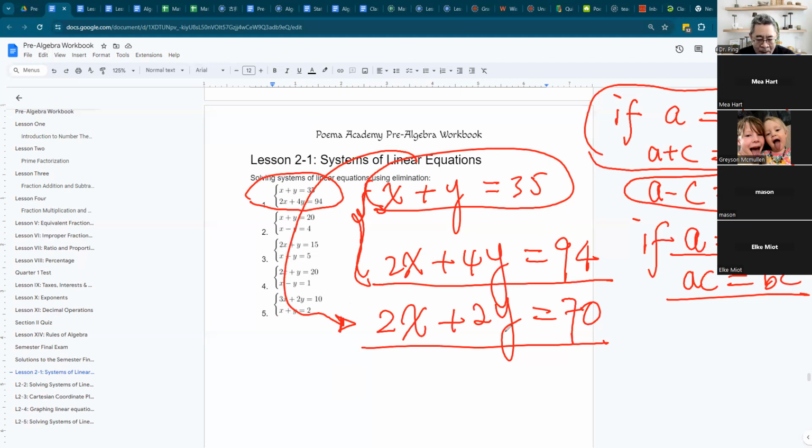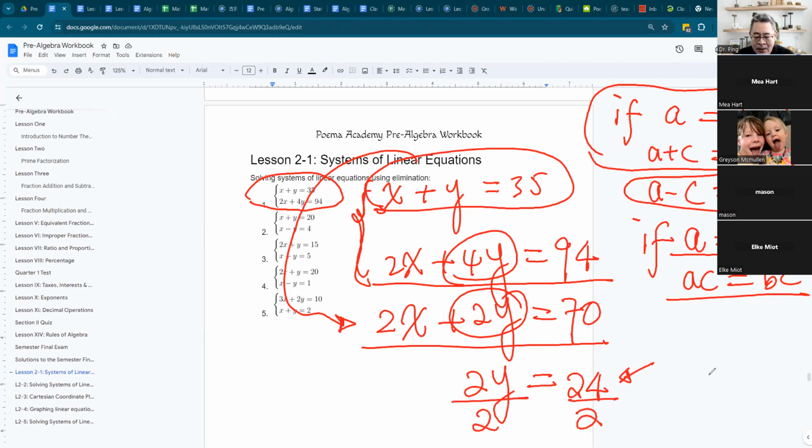And 4y minus 2y, you got 2y. The 94 minus 70 gives us 24. So simple subtraction. Now we changed that into a one variable problem, so that is pretty easy to solve. Divide by 2 on both sides, then y is 12.